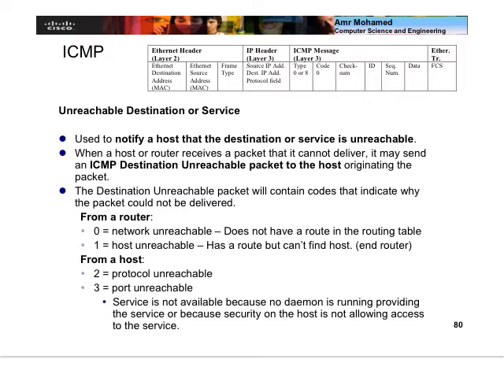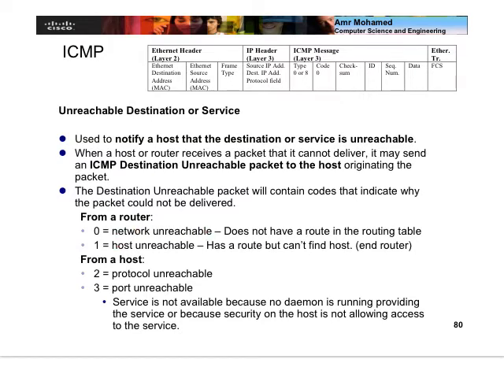The destination is unreachable, it could be because the last router was not able to deliver it to the destination, because this destination is not in the routing table. Because the destination network is not in the routing table, I will have to send a reply back that the network is unreachable.